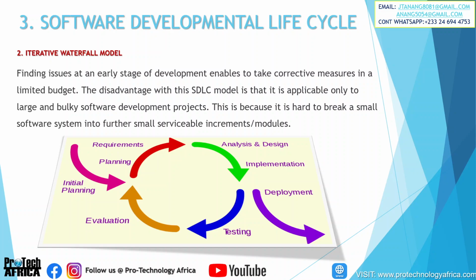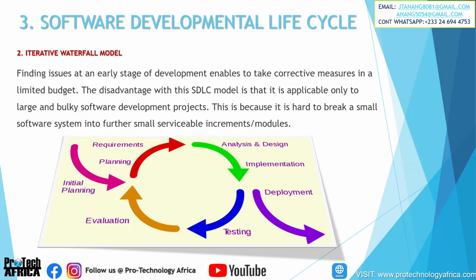And these are the various stages. We have the requirement, then the planning, and after the requirement and planning, we come to the next phase, which is analysis and design. From there, we move on to implementation. And then from implementation, if there is no error detected, if there is nothing to be considered, then we move on straight to the deployment of the project.